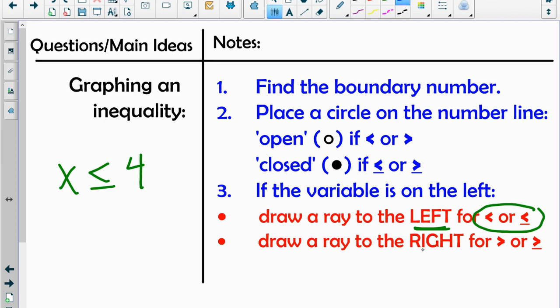Then we want to draw a ray to the right if we have one of our greater than symbols, because numbers that are greater than our boundary value are going to be to the right of it on a number line. Okay, so we have to decide 2 things based on our symbol, open or closed, and if we draw our ray or our arrow to the left or to the right.